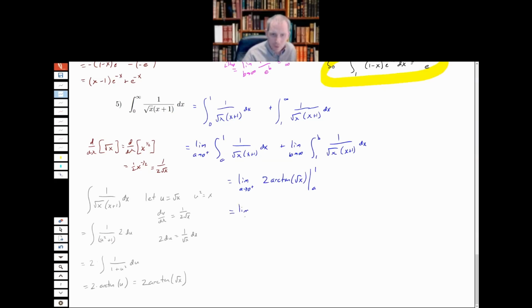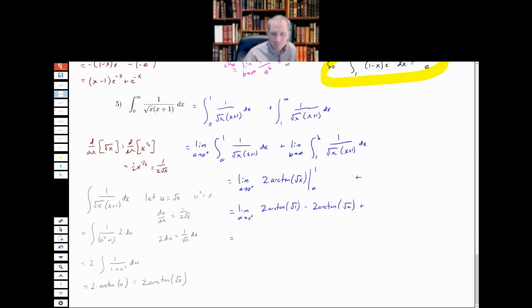So this is the limit as a goes to 0 from the right of 2 arctangent of root 1 minus 2 arctangent of root a. I have to be a little bit careful here and make sure I'm not forgetting the right hand, because the way I wrote this, I've got a chain of equals going back to my original problem, so I have to add the two pieces together. But I want to only work on one at a time.